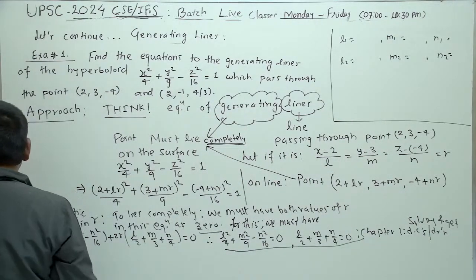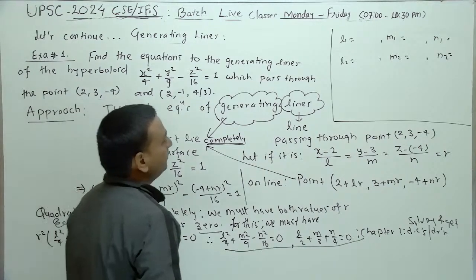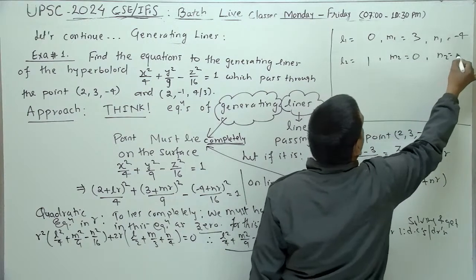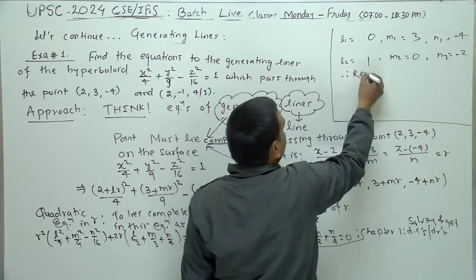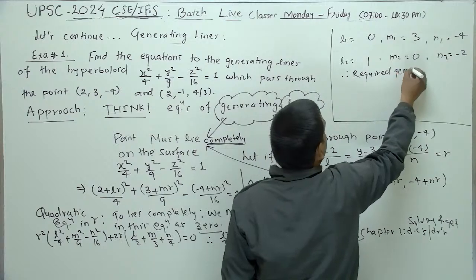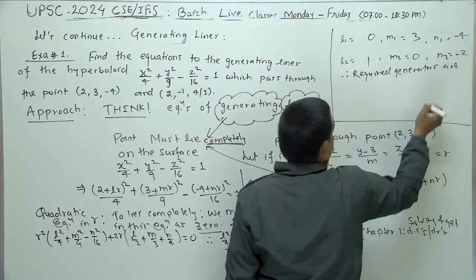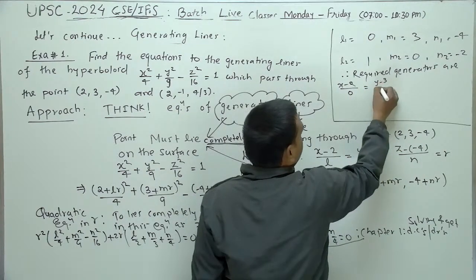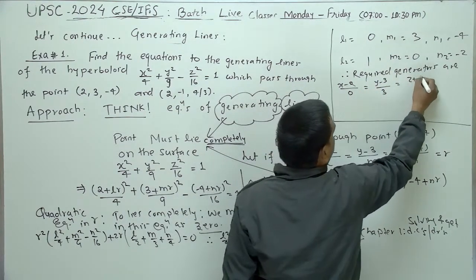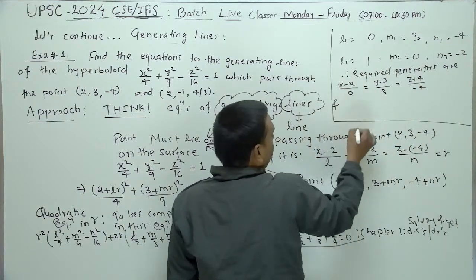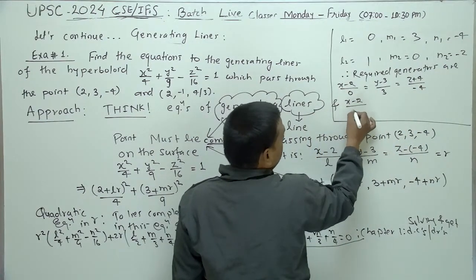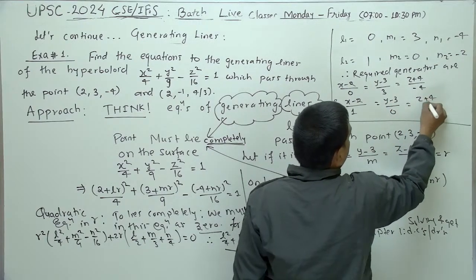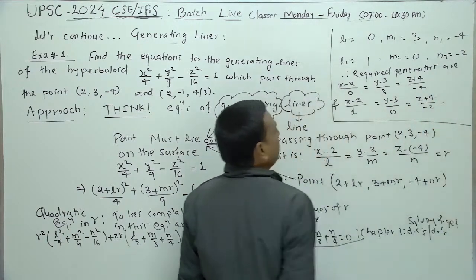The values they are getting as 0, 3, minus 4 and 1, 0, minus 2. So required generators are (x - 2)/0 = (y - 3)/3 = (z + 4)/-4 and (x - 2)/1. Check out please.